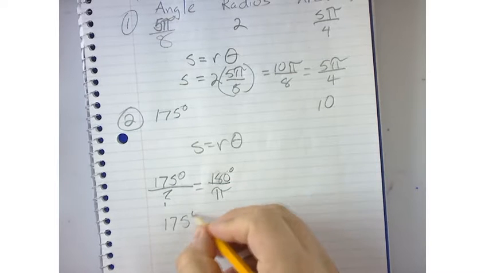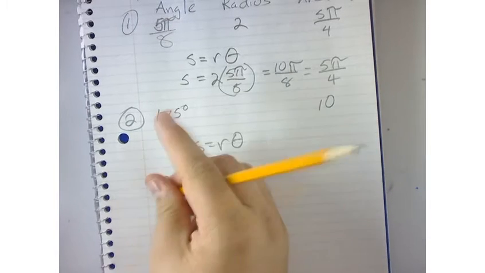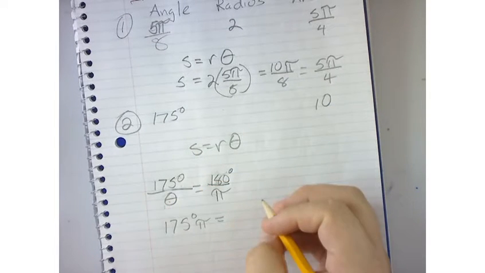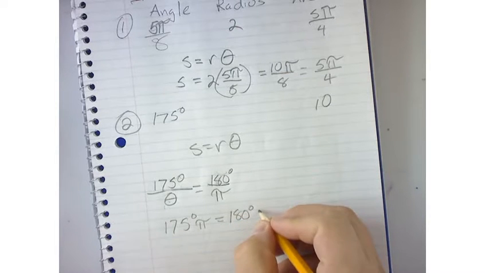So 175 degrees times pi is equal to 180 degrees times theta.